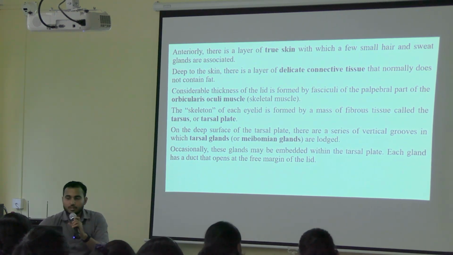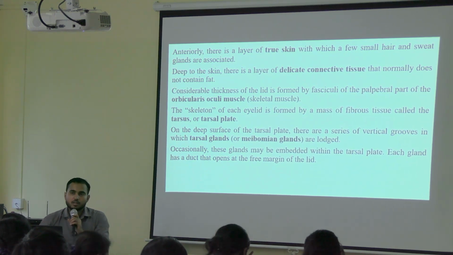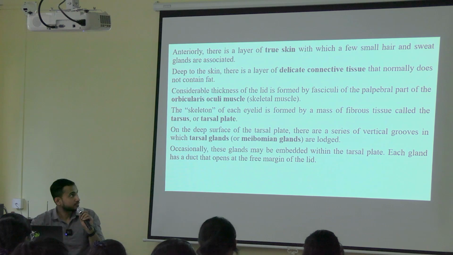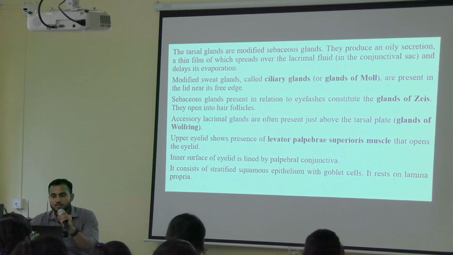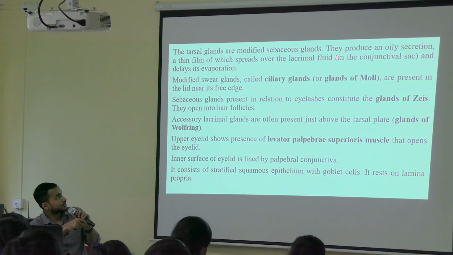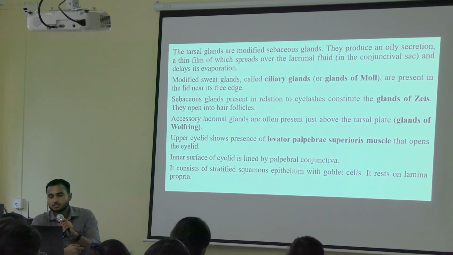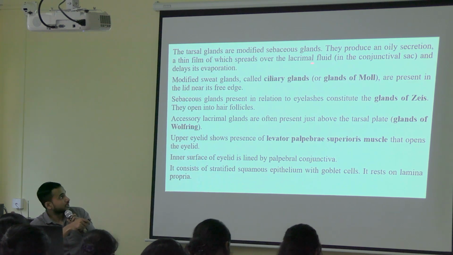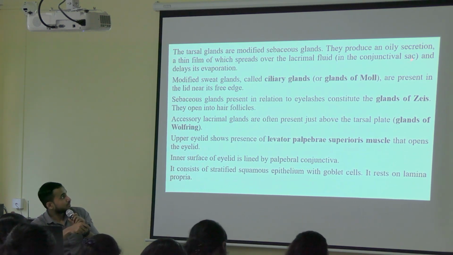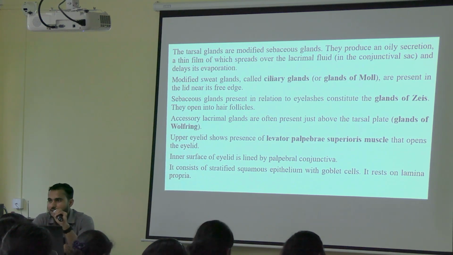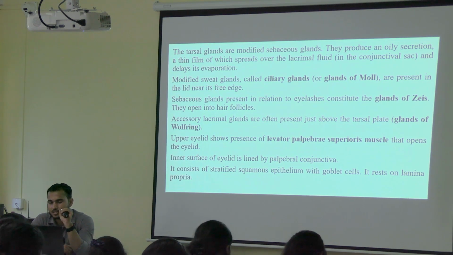It delays the evaporation of the fluid, so that the cornea will not dry up easily. The tarsal glands are modified sebaceous glands. They produce an oily secretion, a thin film which spreads over the lacrimal fluid in the conjunctival sac and delays the evaporation. This is a very important function of the tarsal glands.